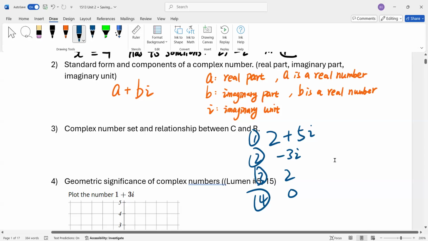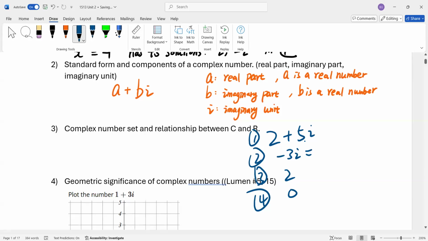Number 2, negative 3i. Is this a complex number? Yes, but it doesn't look like that, right? It doesn't look like that because the real part of this complex number is 0.